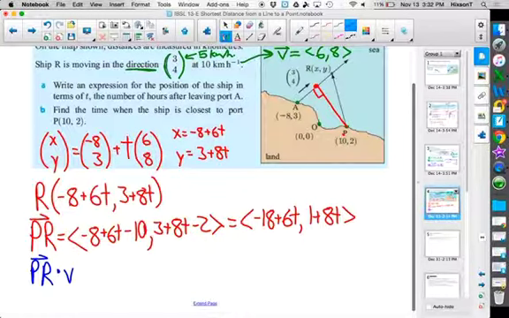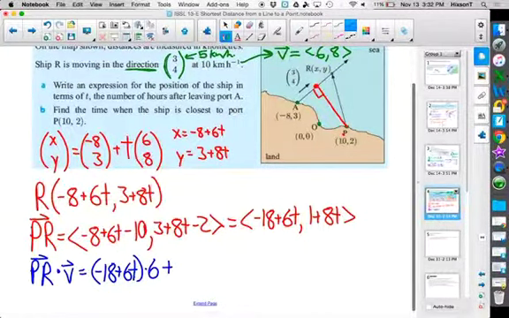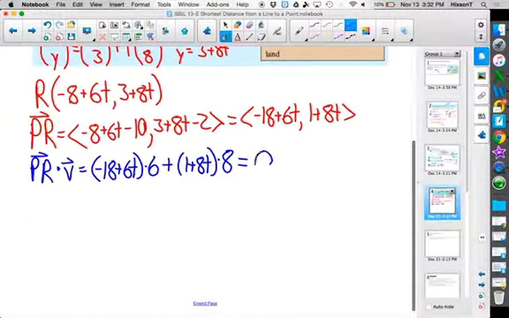So it's dotted with the velocity. So we have negative 18 plus 6t times 6 plus 1 plus 8t times 8. And that has to equal 0. So now we've got an equation, we're back in Algebra 1, and we can solve it, okay?